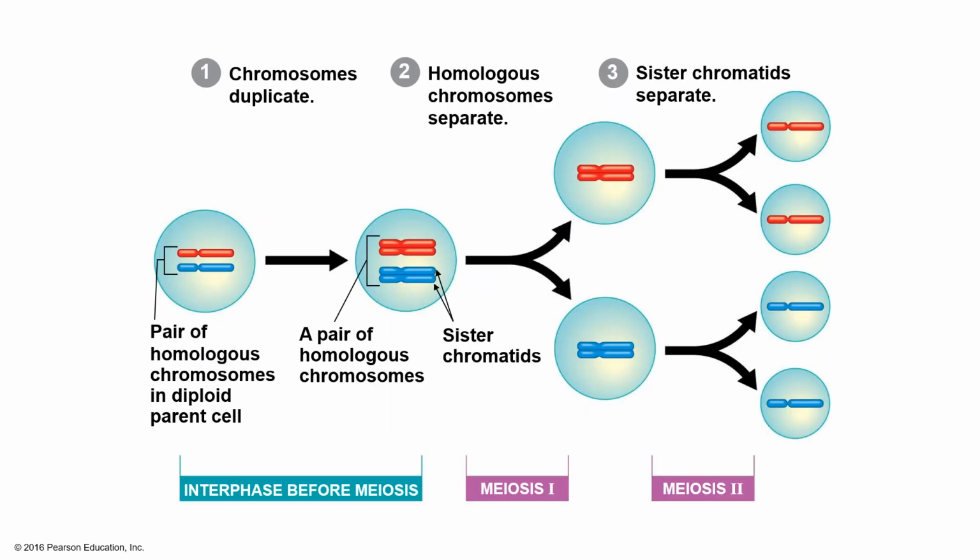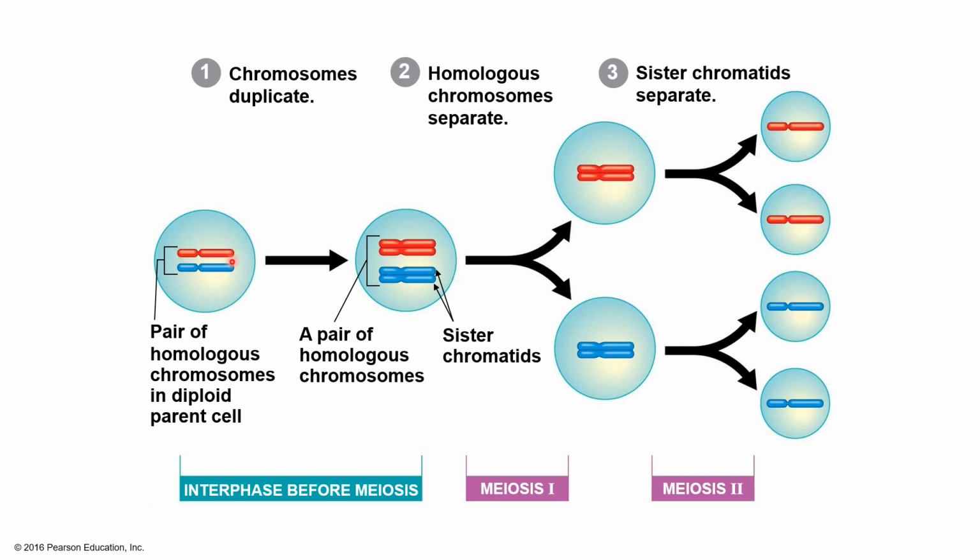Before the cell goes through meiosis, as I said, the cell has to go through interphase first. So let's say here is the parent cell, and let's say that this parent cell is carrying 2 chromosomes, just to simplify things. Let's say that it's a diploid, and the full set of chromosomes it's carrying is 2 chromosomes.